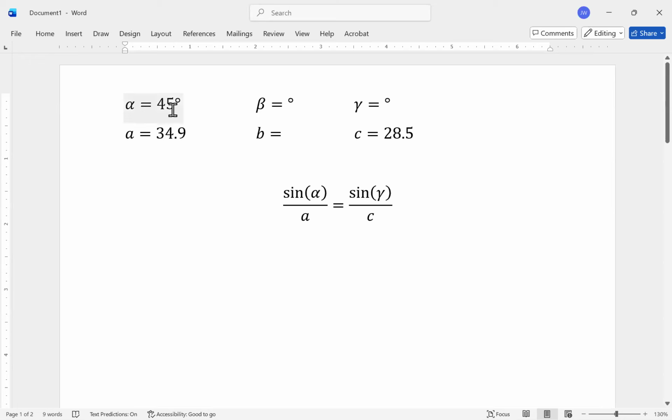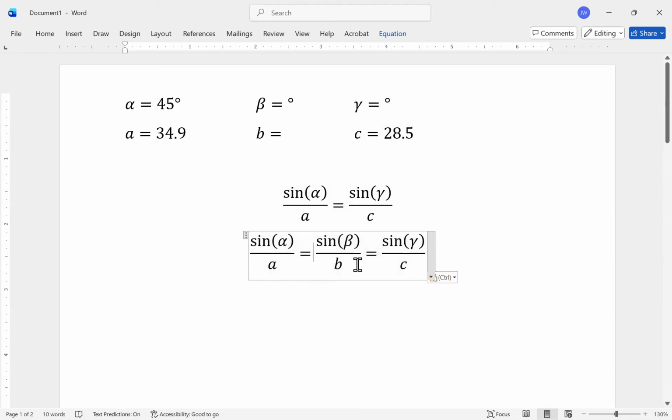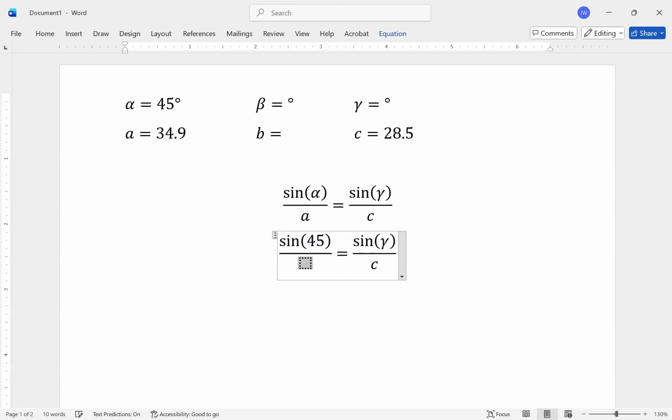Since we have alpha and A, I'm going to use sine alpha over A as the ratio in the law of sines. And the other ratio that I'm going to use is sine gamma over C because I know the value of C. Setting those two ratios equal, we'll get sine of 45 over 34.9 is equal to sine of gamma, which I don't know, over 28.5.